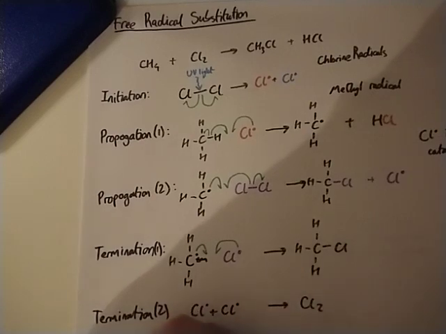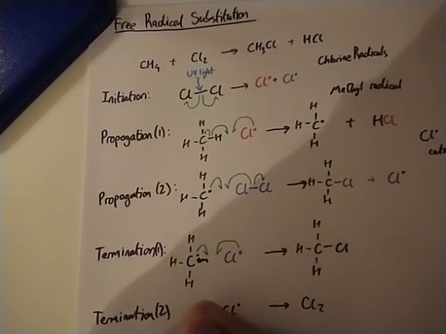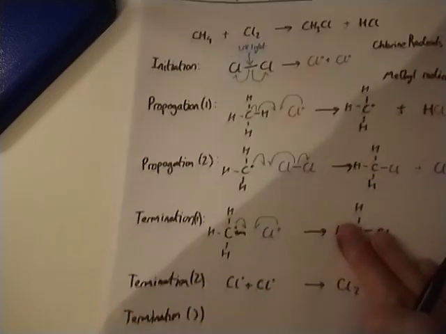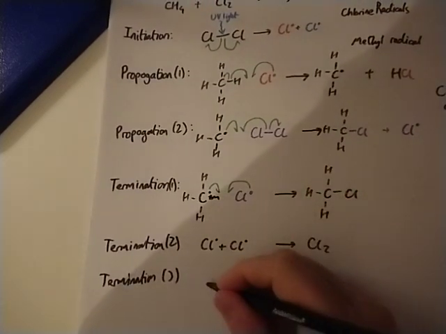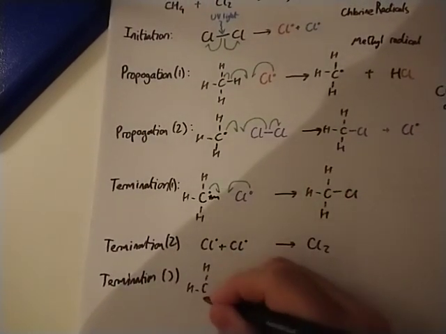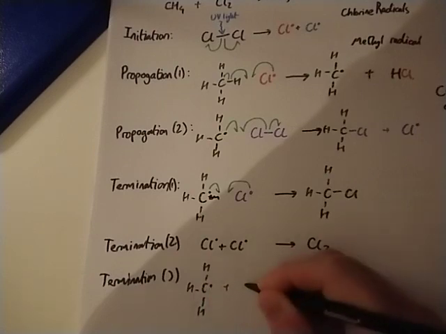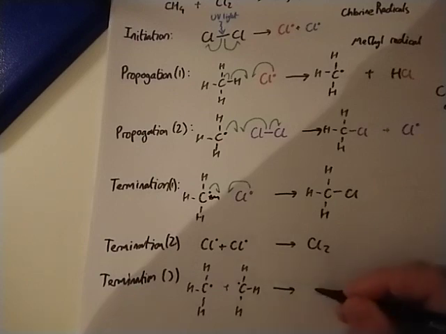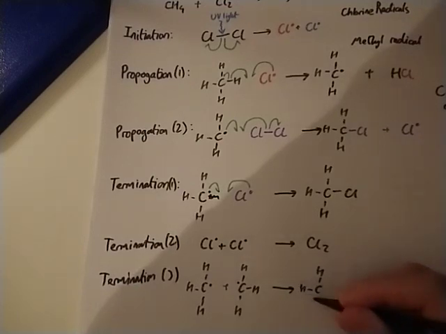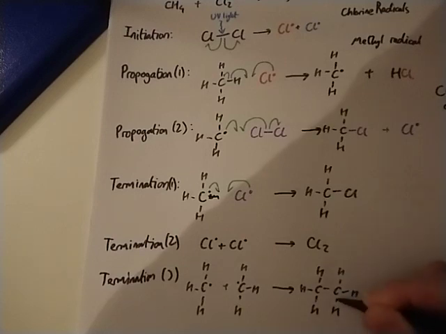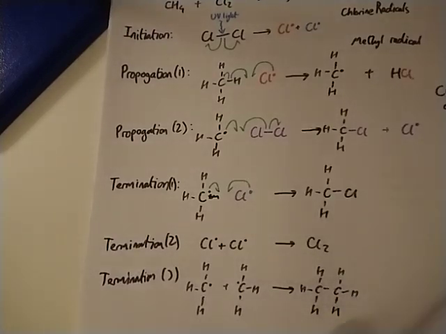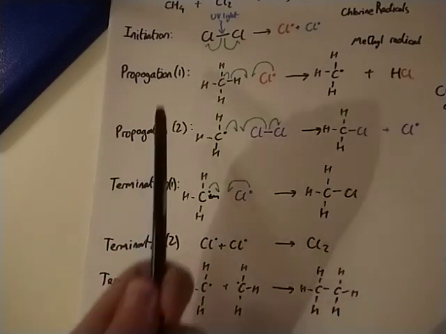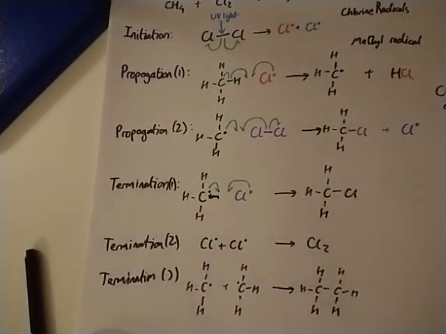And the third termination step, that's going to be if two of the methyl radicals come together. Now we're going to make ethane. So there's three different termination steps, two propagation, one initiation.